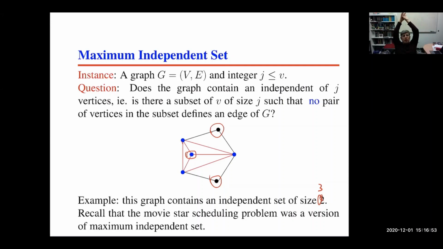In vertex cover, we wanted to pick the smallest set of vertices such that every edge was covered. Here, we want to pick the largest number of vertices such that no edge is covered, right?